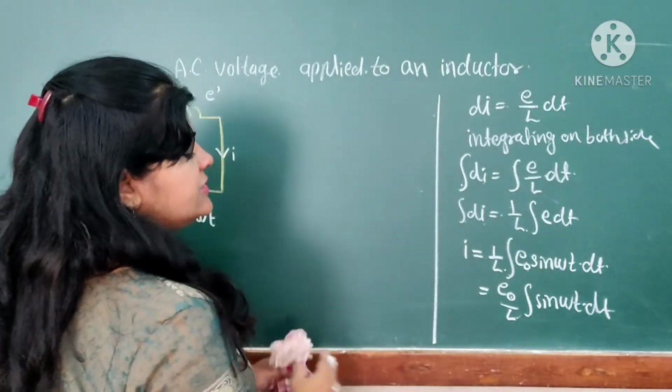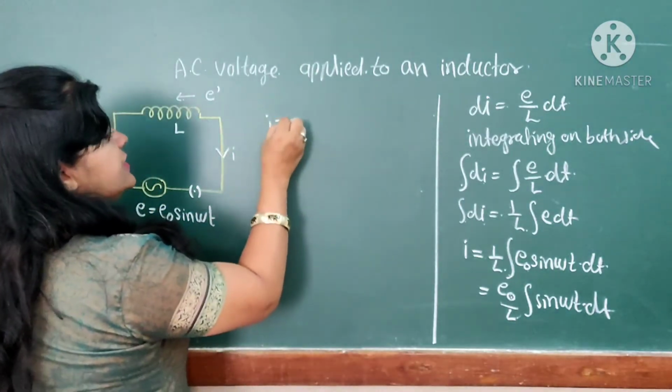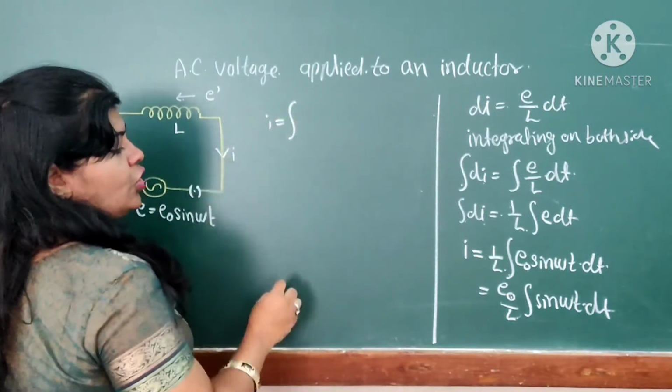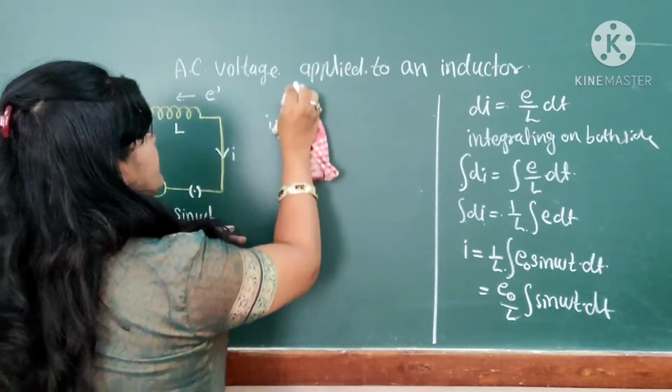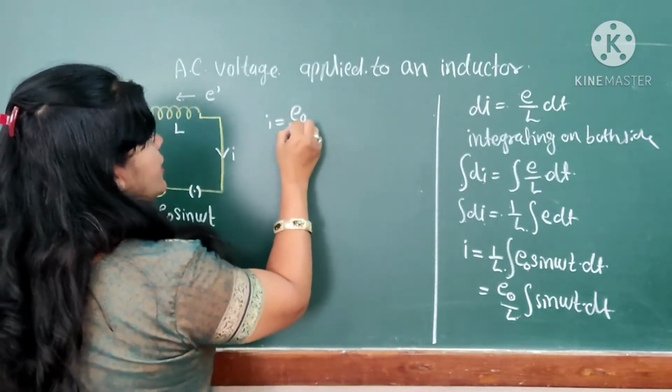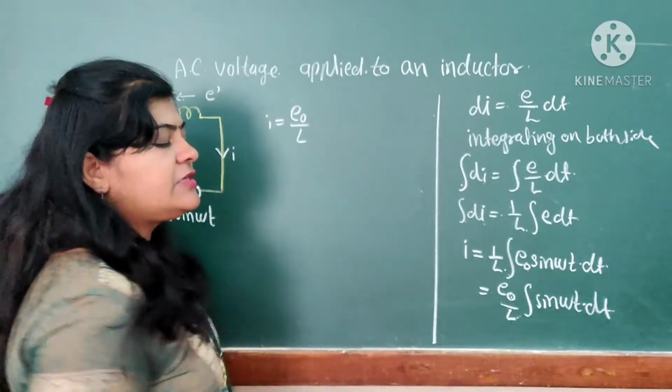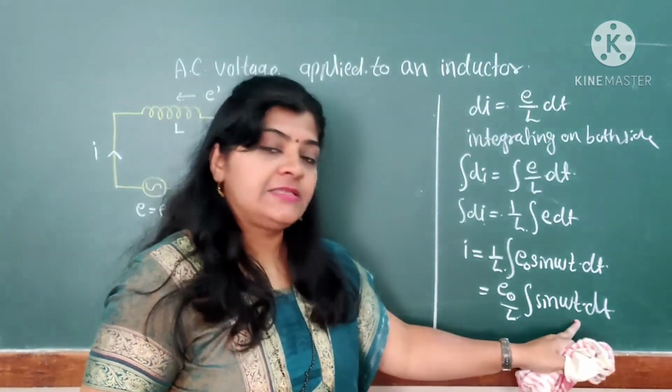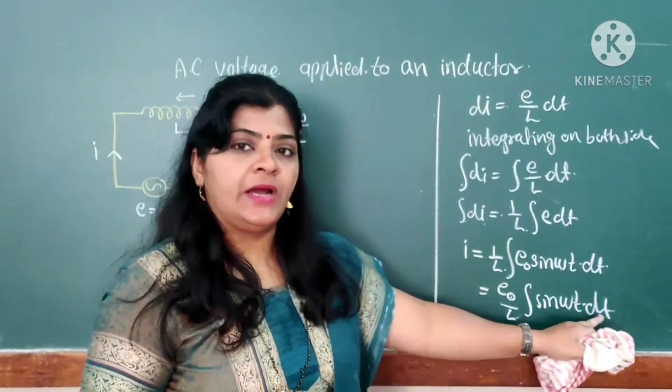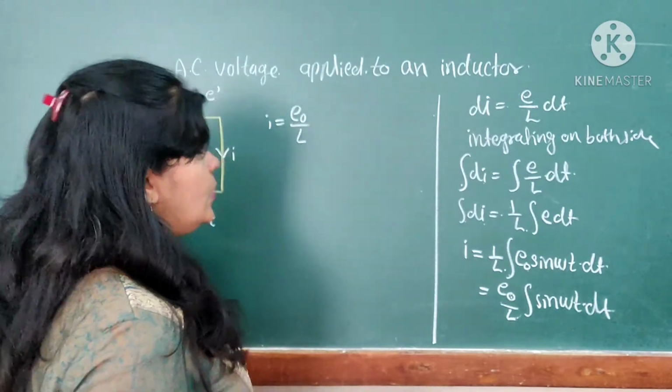The integration of sin ωt gives minus cos ωt divided by the constant ω.